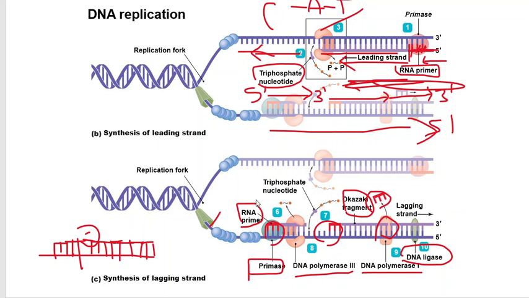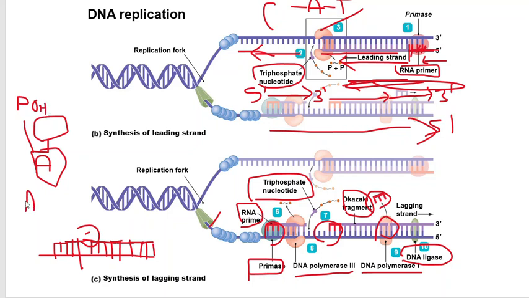Now, as far as triphosphate nucleotides, I think I may have already told you. So adenine: we've got a nitrogenous base, we've got a sugar, which in this case is deoxyribose, and then we have a phosphate group. If this were adenine, this would be AMP, adenine monophosphate.